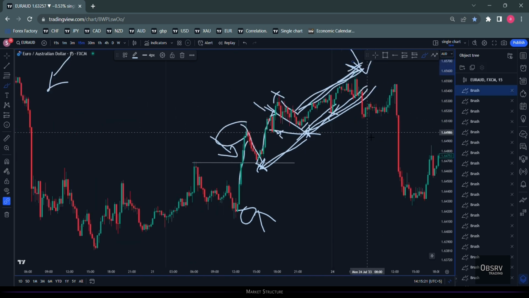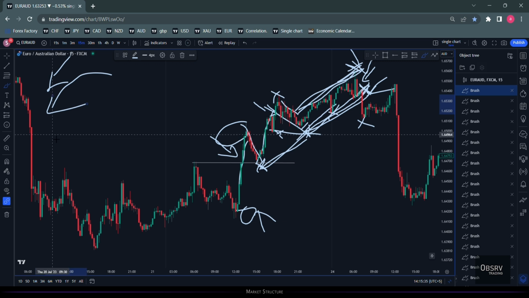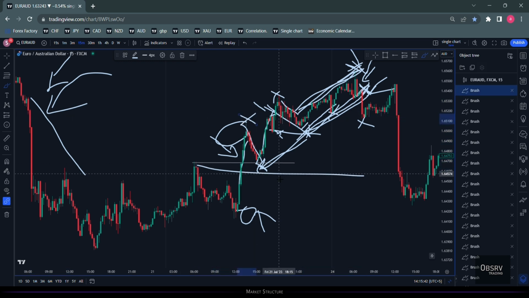And then a strong, with power, sell comes back that actually puts in a lower high and a lower low. Your higher time frame structure is a lower high and lower low. Your lower time frame starts to put in higher high and higher low. And then the same time frame starts to put in a lower high and a lower low. What is this? BOS.